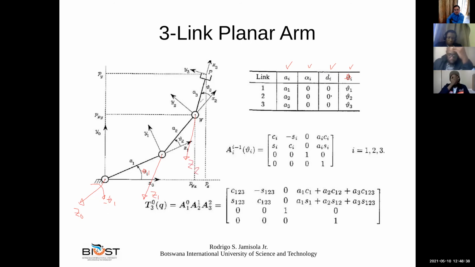And when you take the end effector, normally what people do is that the frame assignment of the n-1 frame will be the same frame assignment at the nth frame.